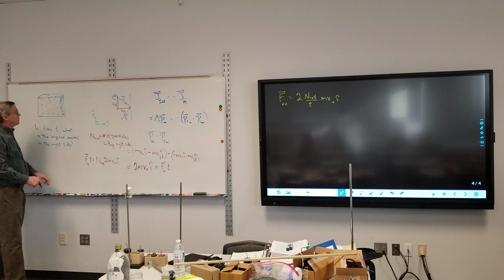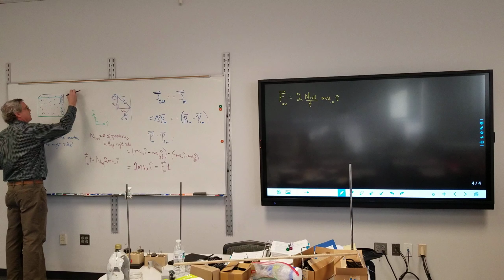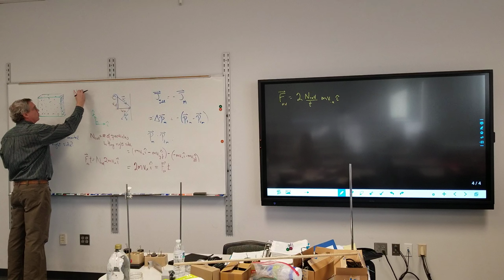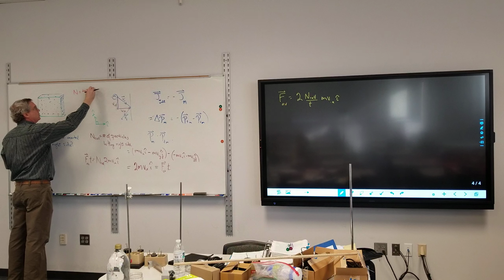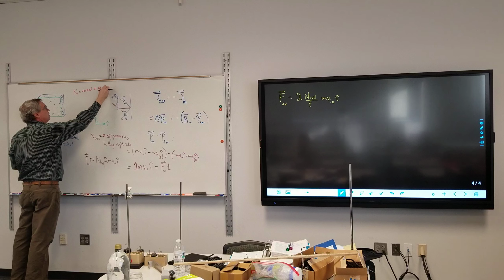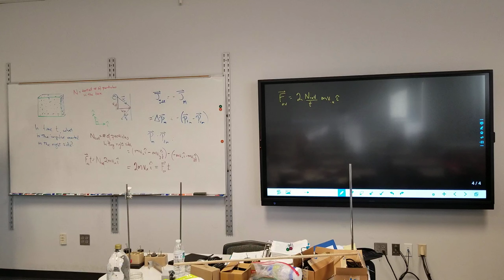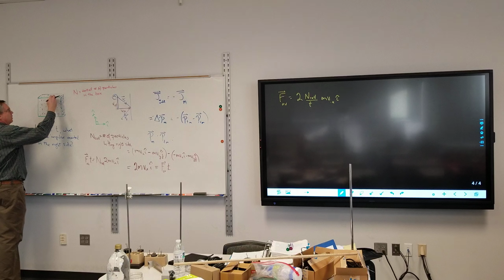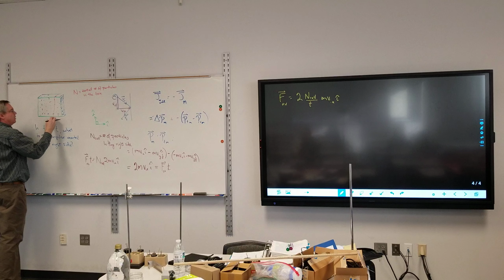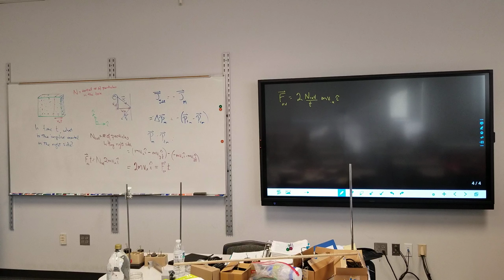So if I set n equal to the total number of particles in the box, then the number that will actually collide is going to be a fraction of that. So if this distance right here is Vix times time, whatever particles are in here are the particles that are actually going to hit the right side.